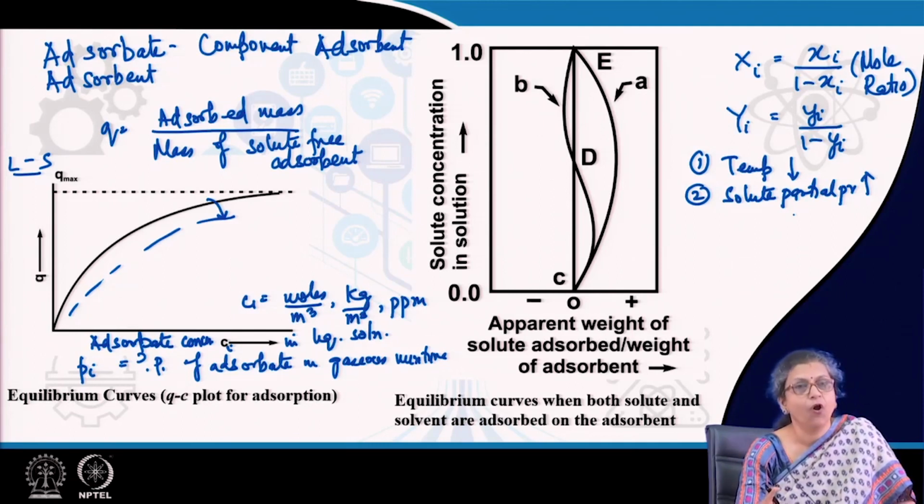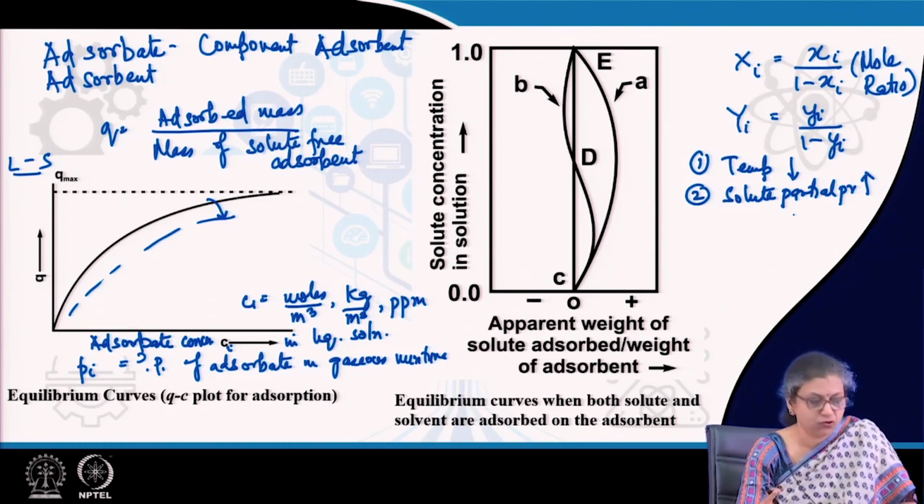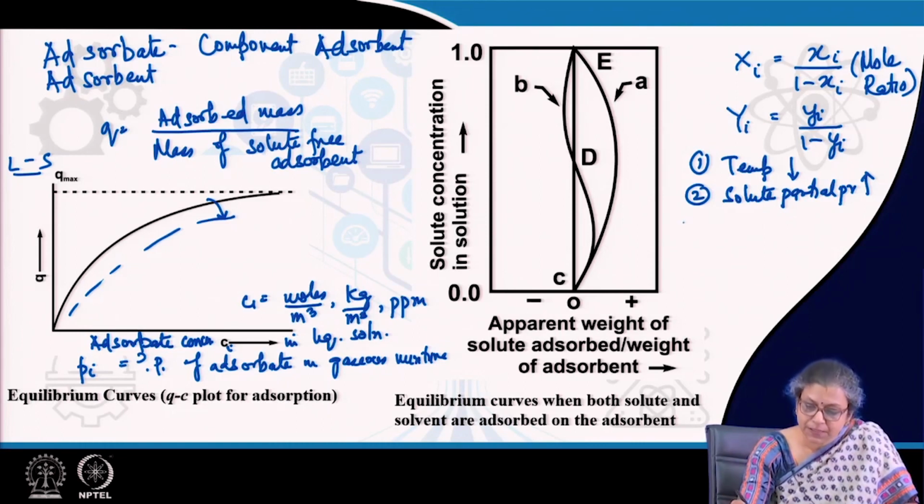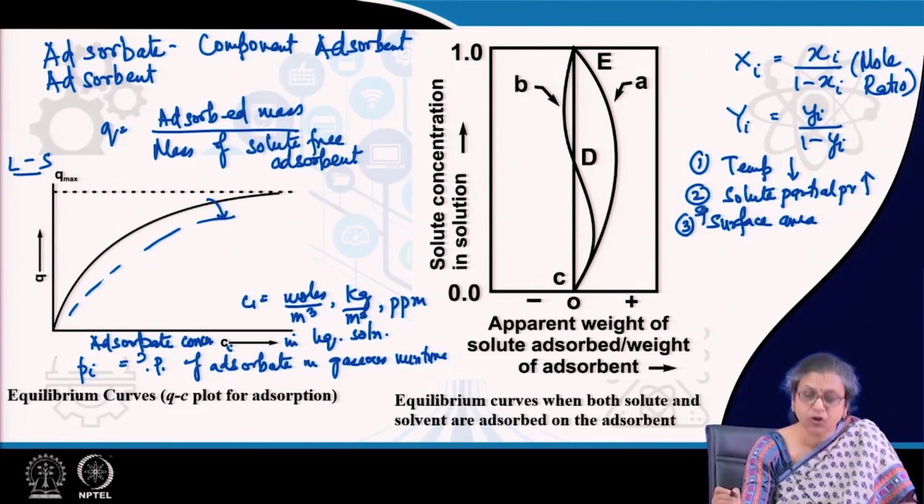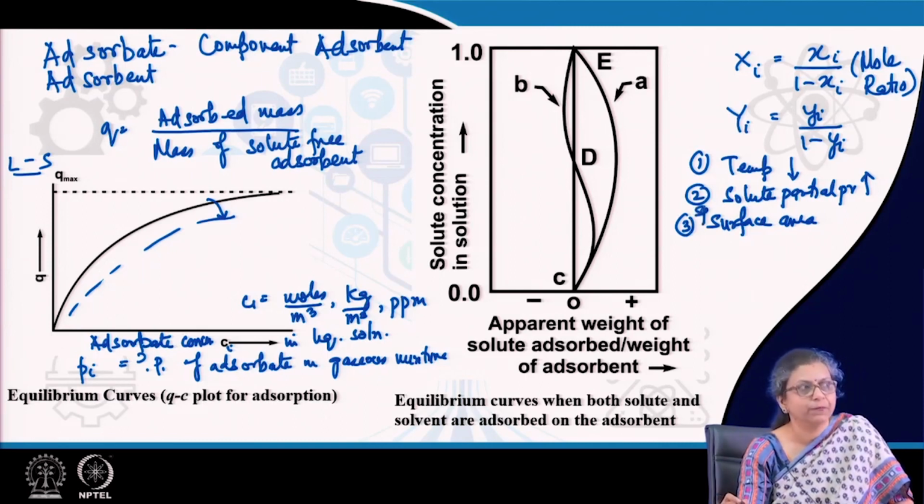There is one other thing which is important in adsorption which did not occur in vapor liquid equilibrium or in your solubility curves: the specific surface area, because we need to remember that adsorption is a surface phenomenon, right.